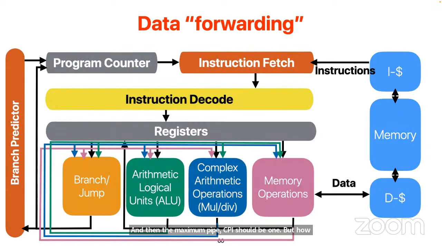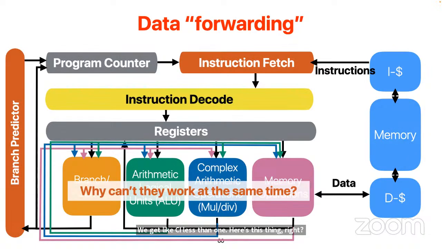Here's the thing. Look at the pipeline we have right now. We actually have a lot of functional units. So if you have a way to utilize all of them at the same time, you are able to have multiple instructions in execution, and with that enabled, we should be able to get a CPI that is less than 1. Agree? However, what are we missing now? Why can't we activate them all together at the same time?